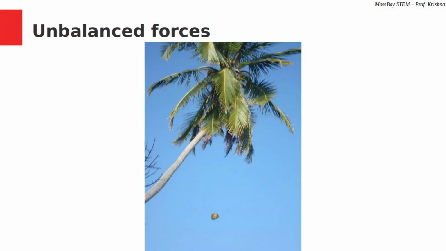For an object to accelerate, it needs to feel an unbalanced force in accordance with Newton's first. Here, we see a coconut falling from a tree. This coconut feels the weight force, the force of gravity pulls the coconut downward, but there's no force pushing the coconut upward, nothing to oppose or counter the weight, so it accelerates.